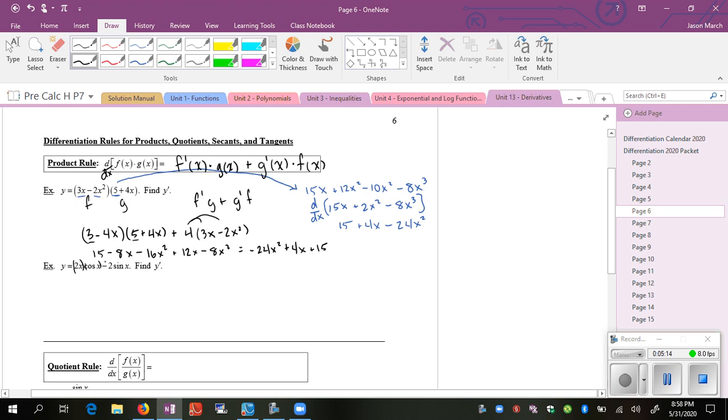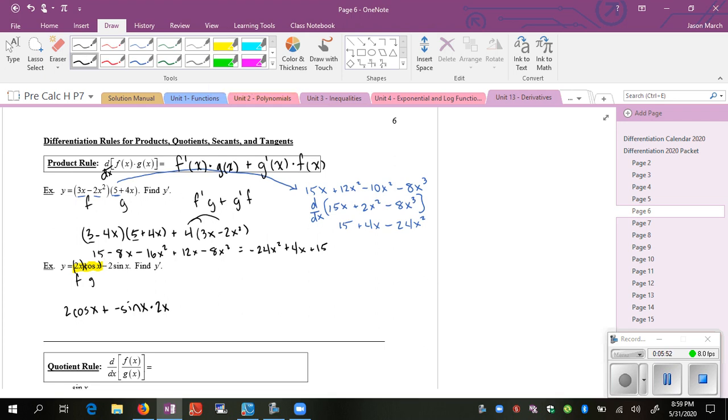So if I do this as f and this as g, then we have f prime, which is 2, times g, so 2 times cosine of x, plus g prime f. G prime is negative sine x, and f is 2x. All right, so that was only the first part, which I'm going to highlight here, just so you can see that's all I've taken the derivative of so far.